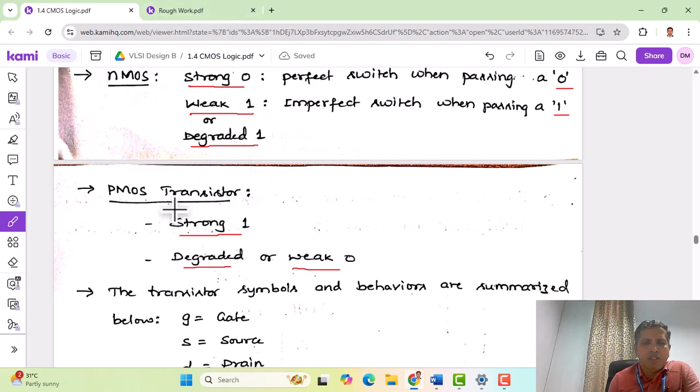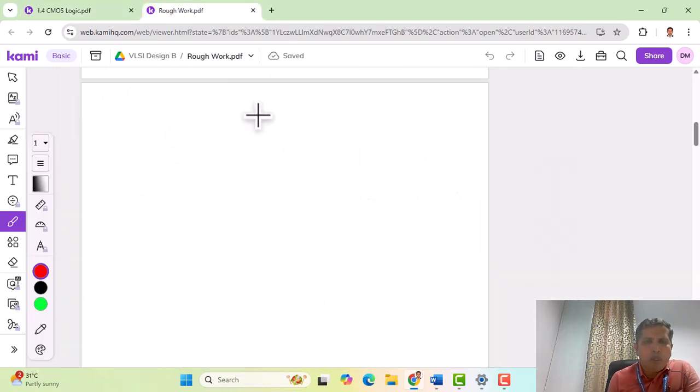Let us discuss these things with the help of transistors. Let us consider the NMOS and PMOS transistors, and how they behave practically, and we'll come back to the switch behavior. Let us draw the NMOS transistor. We have a gate here, and on one side we have a source, and on the other side we have a drain.